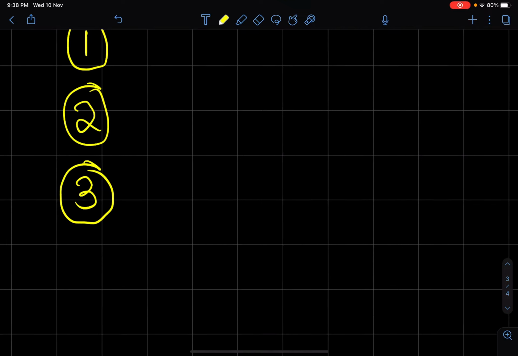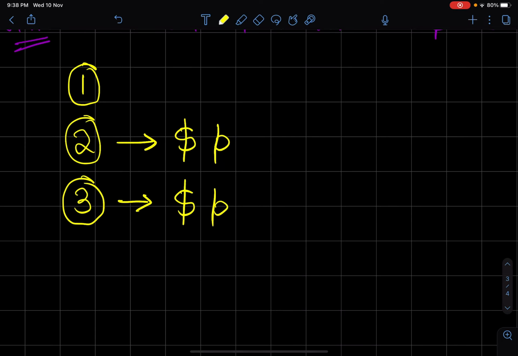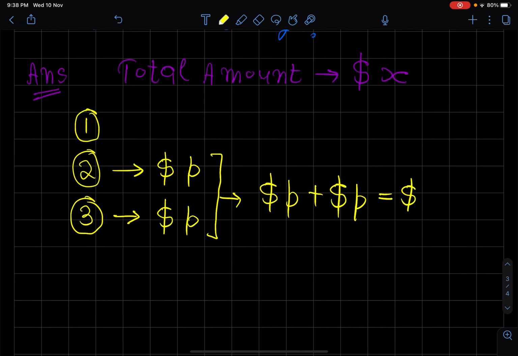Let's assume that persons 2 and 3 get an equal share of $P. So person 2 gets $P and person 3 gets $P. Now combined, they earn $P plus $P, which is equal to $2P. This is the combined amount that they earn.